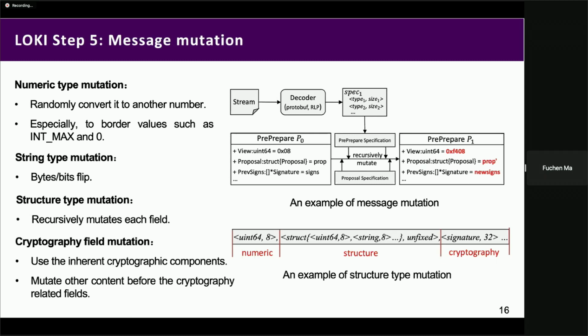As for the string type, we use a similar strategy as AFL-like fuzzers, which is byte or bit flipping, to change it to another string. For structures, LOKI mutates them recursively for each field. For the cryptography field, LOKI mutates them with the inherent cryptographic components from the underlying blockchain node's code. LOKI will mutate other fields first and then use the cryptographic algorithms to sign or encrypt these fields and fulfill the cryptography field.